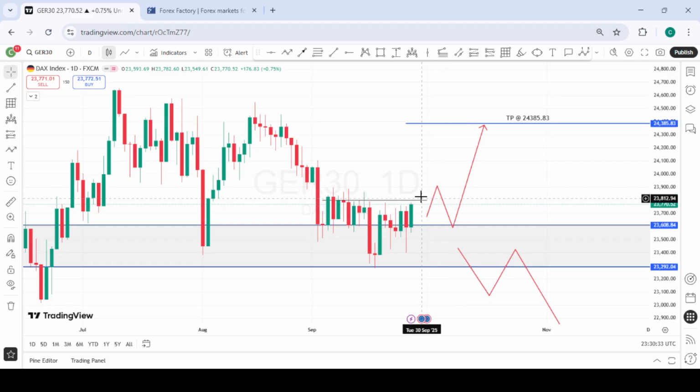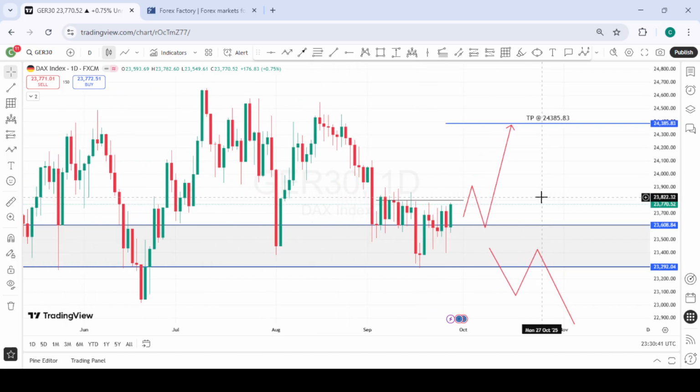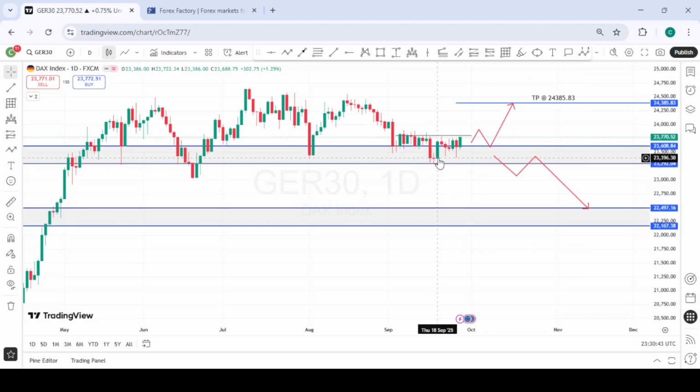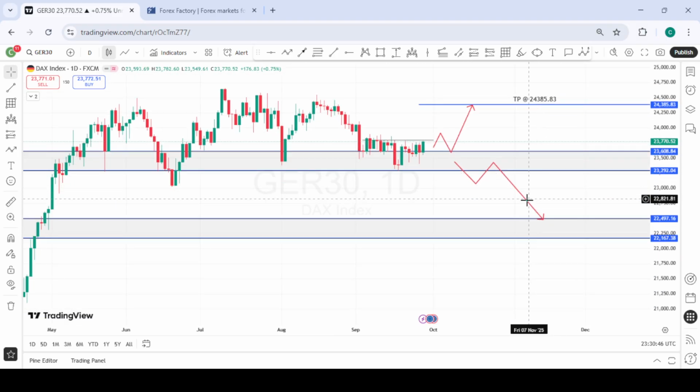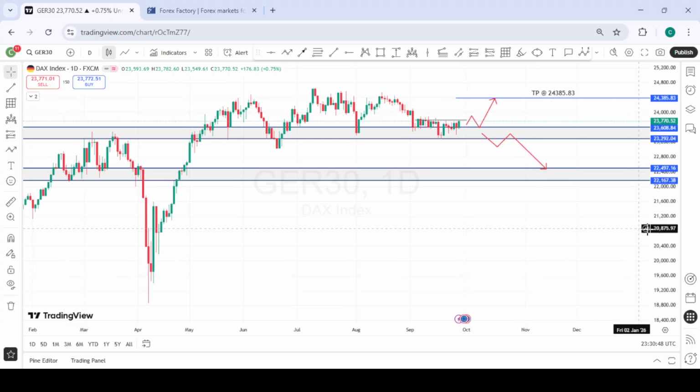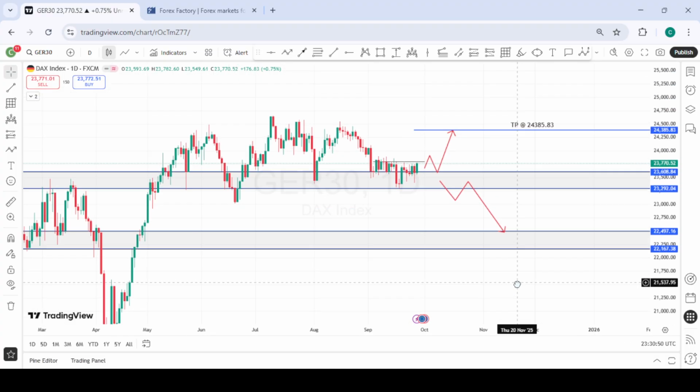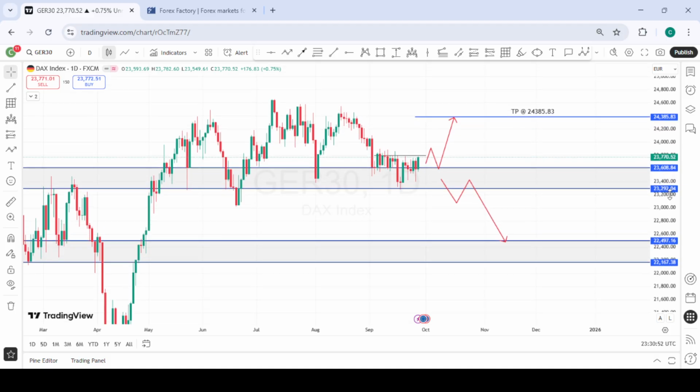Or if price breaks strongly above, we just wait for a retest of this daily structural high, a retest of this zone, and then look for buys to the upside. This can only shift bearish if price breaks below this zone and sells to the downside to this very zone below. But until then, I'm very bullish on German 30.